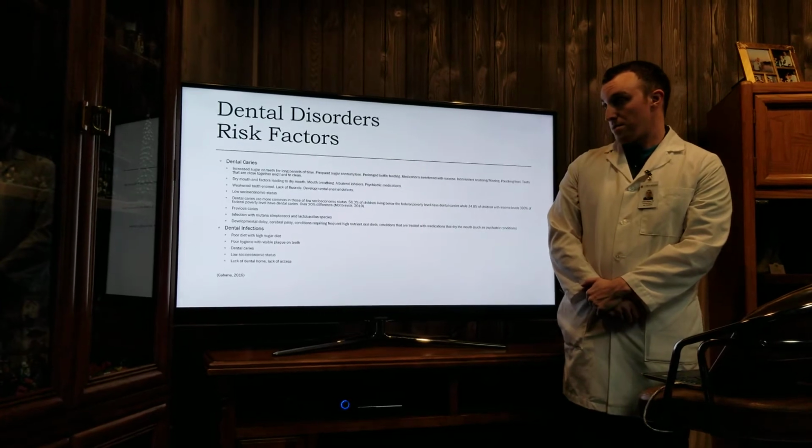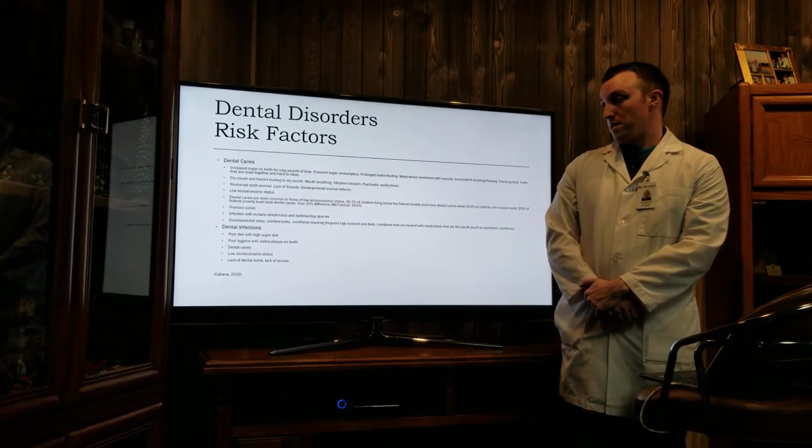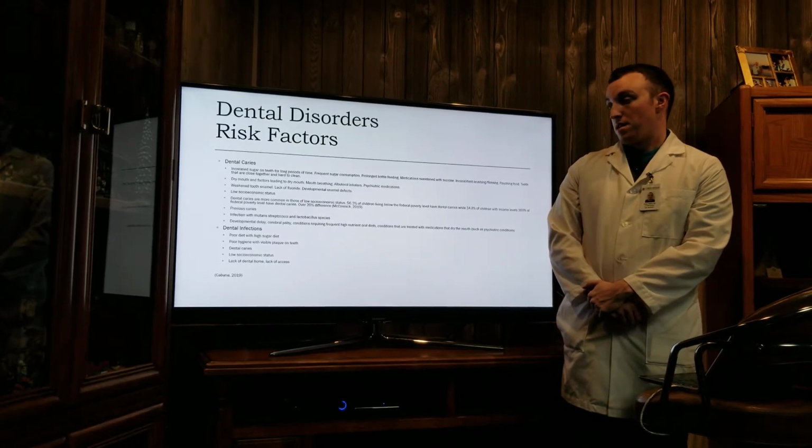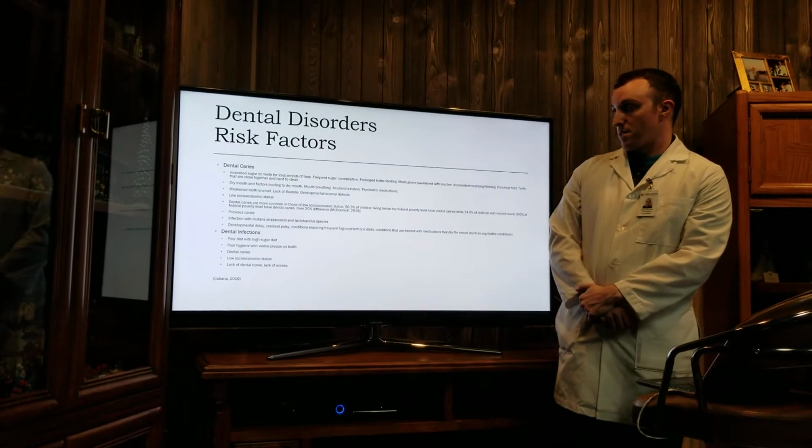Weakened tooth enamel, lack of fluoride in the diet, developmental enamel defects, and low socioeconomic status.